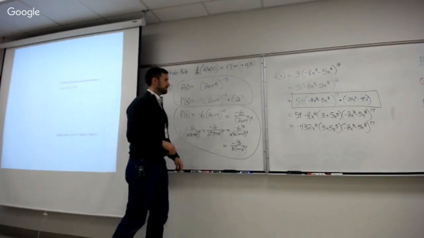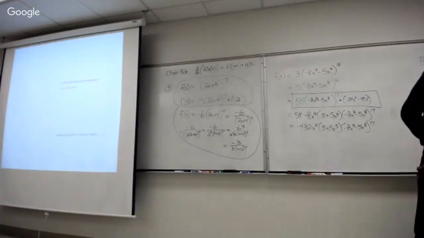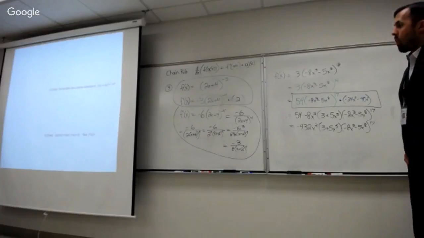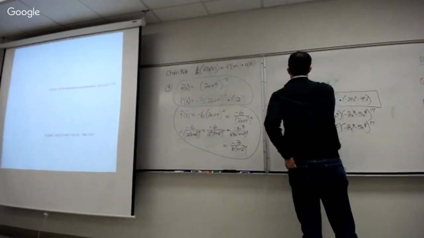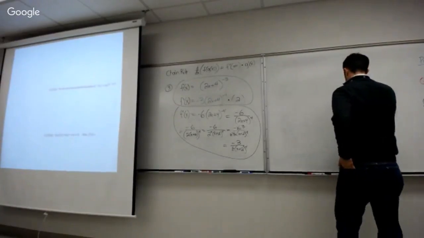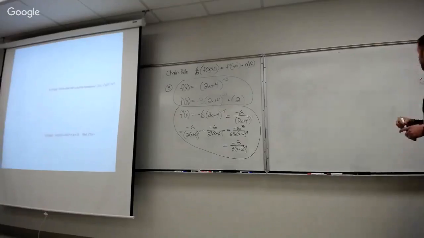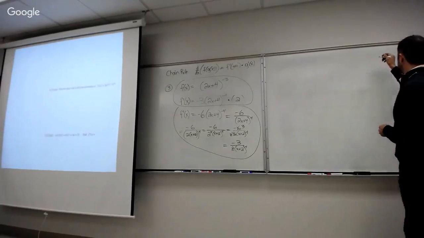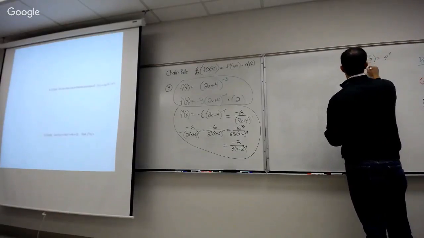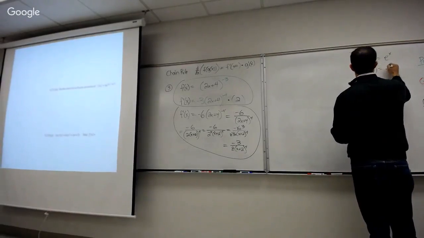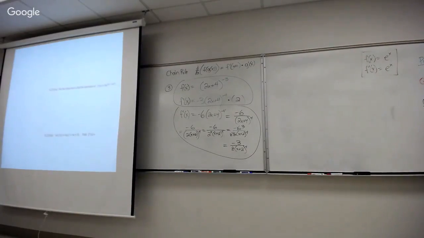All right. Well, let's try another one. So what we're about to look at next is a couple other functions, such as e to the x and natural log of x. So let's remind ourselves. What's the derivative of e to the x? E to the x. So that's one formula we definitely want to know.